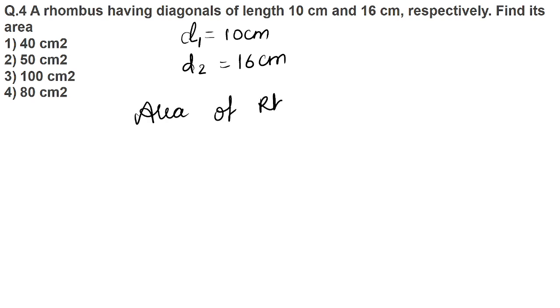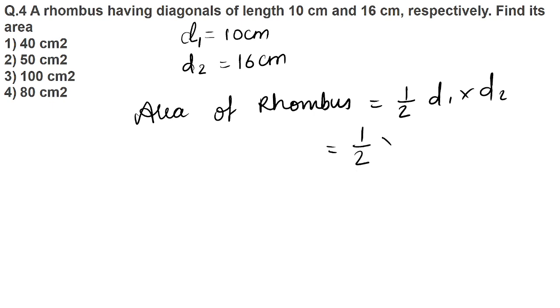Area of rhombus will be equal to half of D1 into D2. Please keep in mind, this is the formula for the area of a rhombus. This will give me half of D1, 10 centimeter, into D2, 16 centimeter. So this will give me 80 centimeter square.